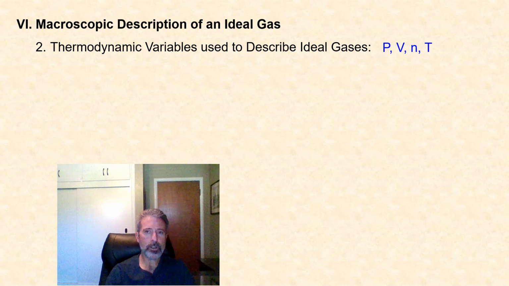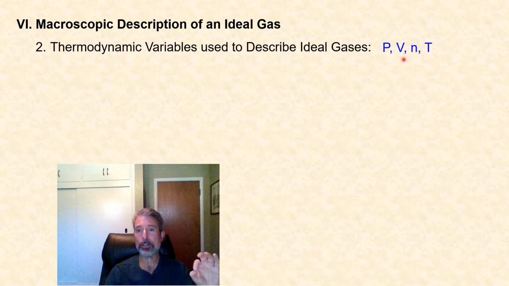Now, the equation of state that describes an ideal gas, and I will say this, if you've taken a course in chemistry, you may recall that you would start out by talking about the relationship between just the pressure and volume of the gas. That's what you call Boyle's law. Then you might have talked about the relationship between the volume and temperature of the gas. That's what the chemist Charles discovered, and you would have called that Charles's law.